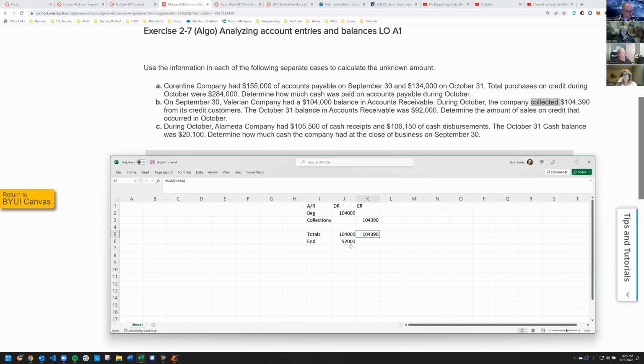So the question is, how am I going to get the debit side to be greater than the credit side by $92,000? So that's going to be additions. That's going to be essentially determining the sales on credit. Right? And we know it's going to be here. It's going to be a debit because it has to increase this side so that the difference between these two is 92,000.